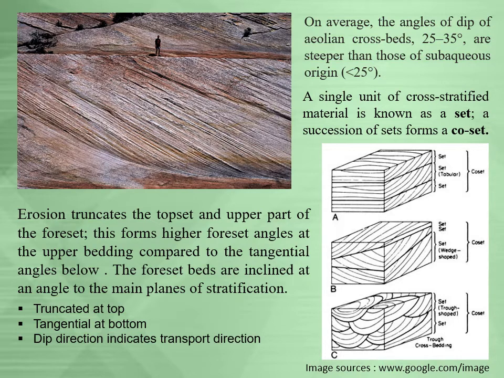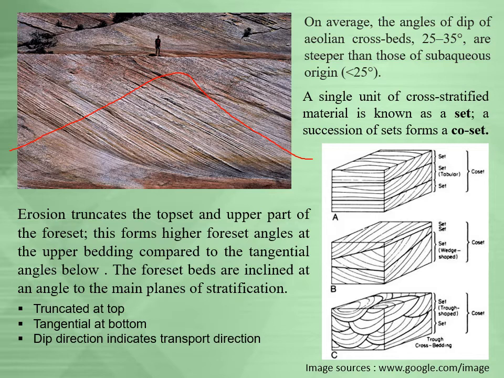Now, as the grains move from stoss to lee, my lee side is preserved. Now, during some higher velocity current, when the current condition in which the ripple or dune migrates at a constant rate towards the downstream direction, if somehow a slightly higher energy current comes, then it will cross cut or erode the entire stoss side.